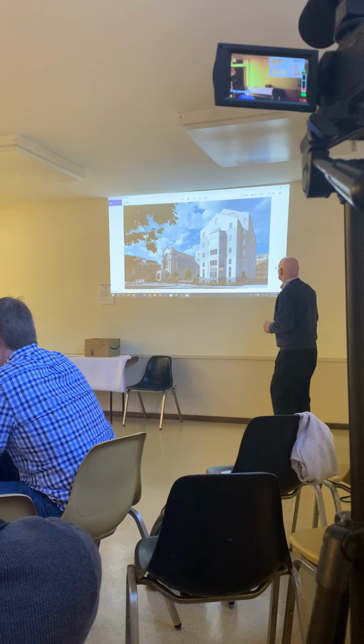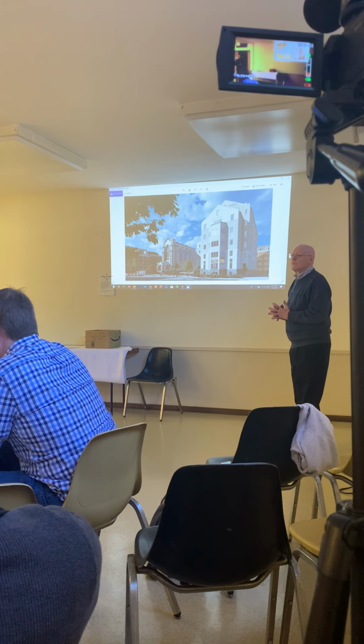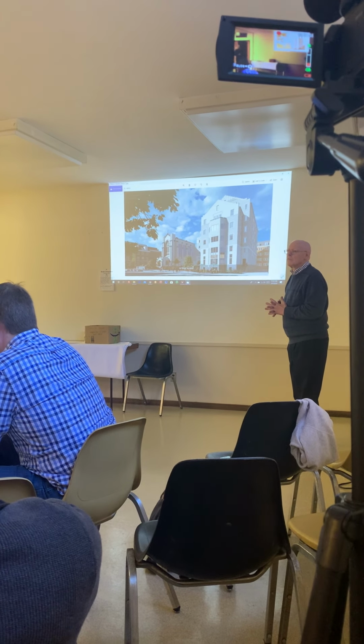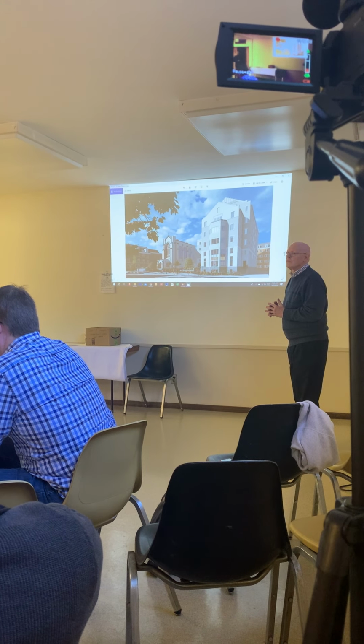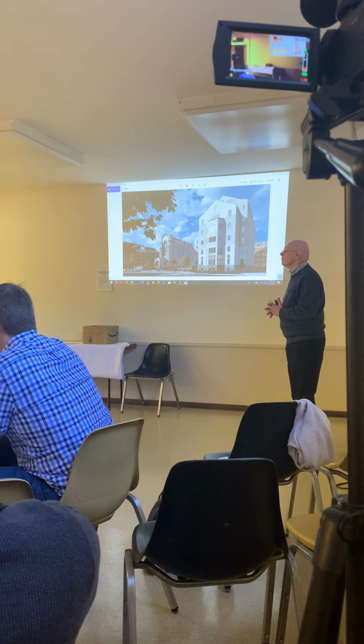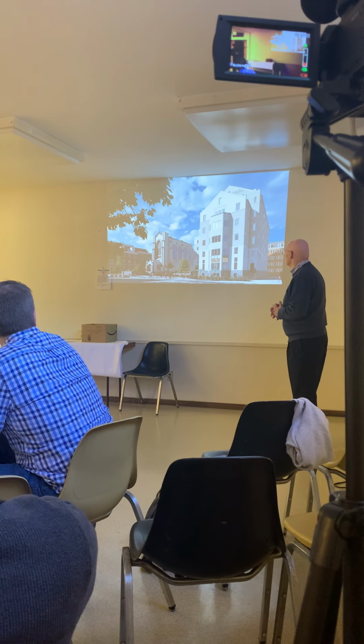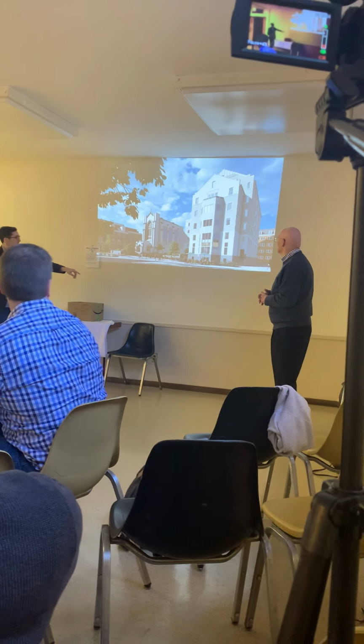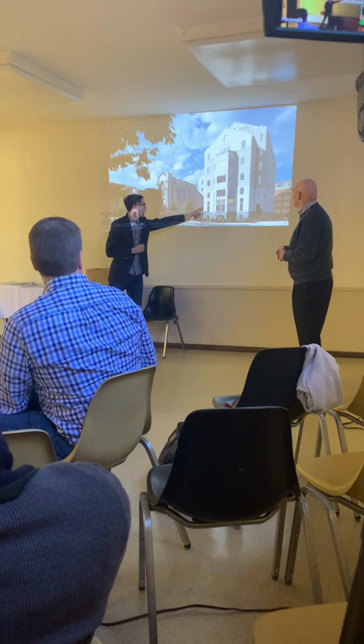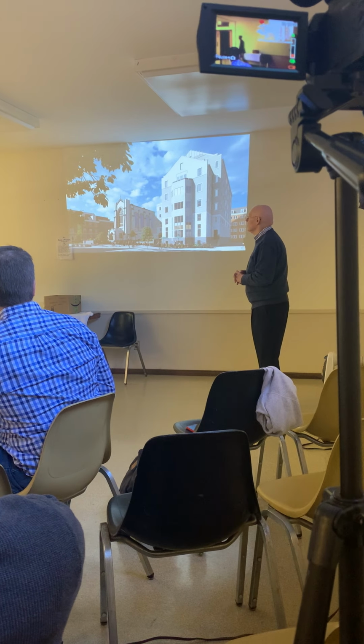Greg, we could also talk about the size of the space between the two buildings as it relates to what they have today. Yeah, so there's going to be a courtyard up in front of this. You saw all those arched windows in the previous rendering, but there's going to be an exterior courtyard.